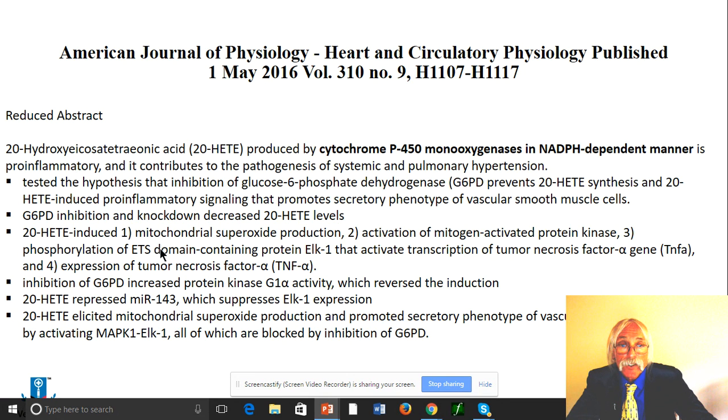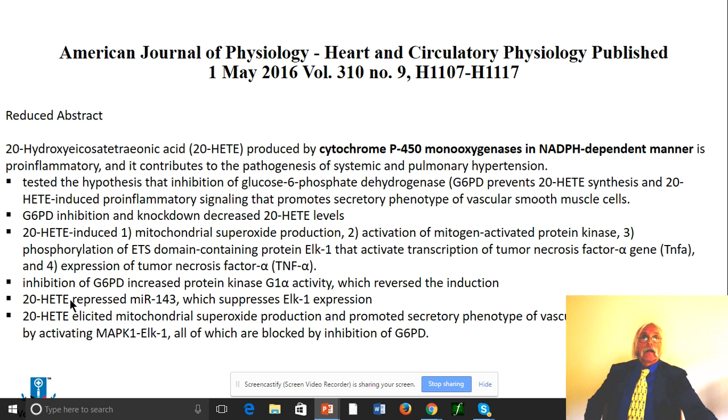20-HETE then induces, normally, remember these things, mitochondrial reactive oxygen, here they just say superoxide, activation of the MAP kinase. Again, then we're going down that pathway. What's that pathway? Pro-inflammatory cytokine pathway. It's going to also induce phosphorylation of ETS domain containing protein. That's ELK1, that activates the transcription of TNF alpha. We saw that, right? And finally, 20-HETE is involved in the expression of that, because of the transcription factors. Okay.